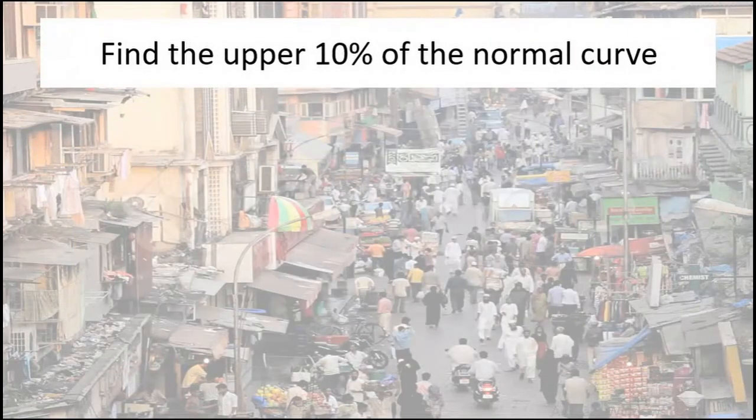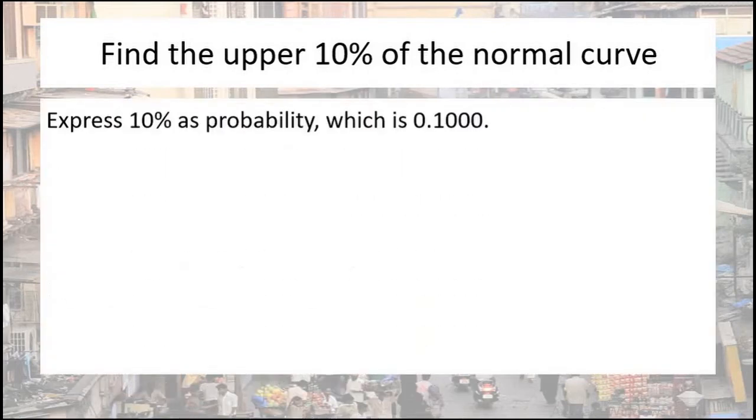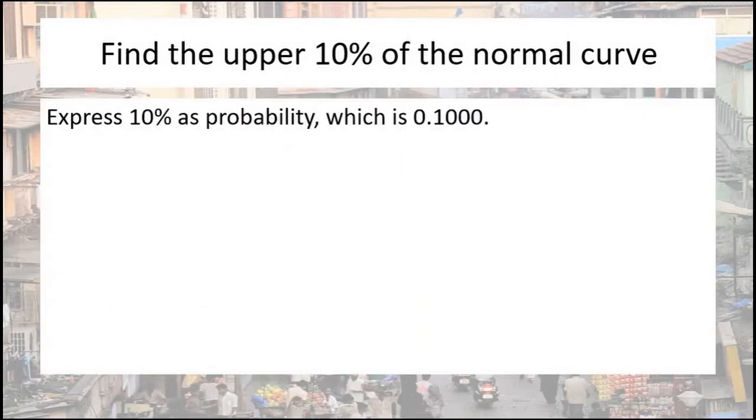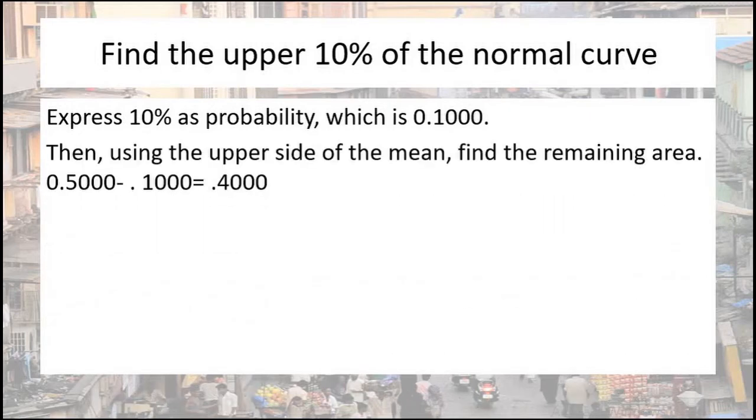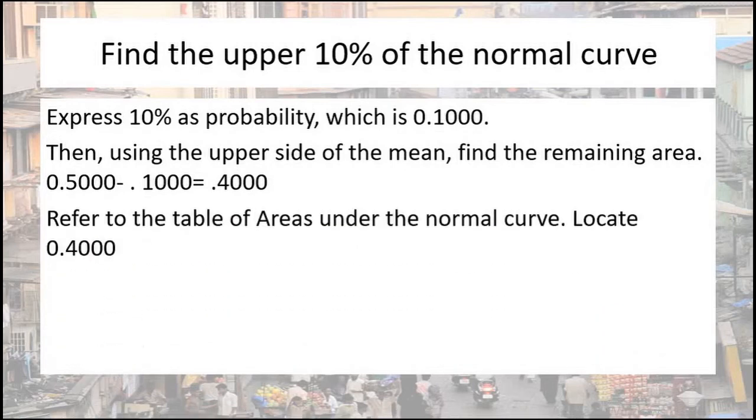Let's find the upper 10% of the normal curve. Express 10% as probability, which is 0.1000. Then, using the upper side of the mean, find the remaining area. So 0.5000 minus 0.1000, which is equal to 0.4000. Then let's refer to the table of areas under the normal curve. Locate 0.4000.